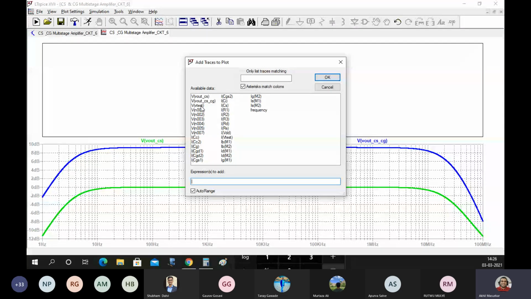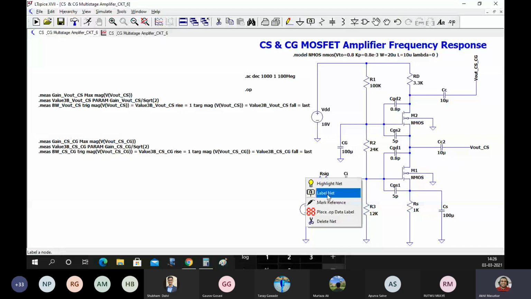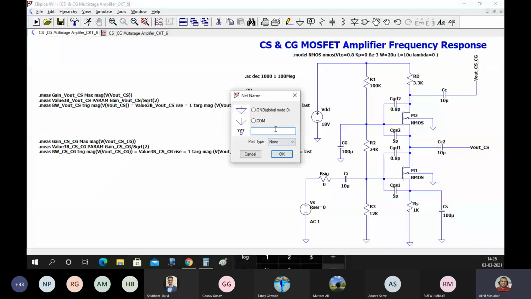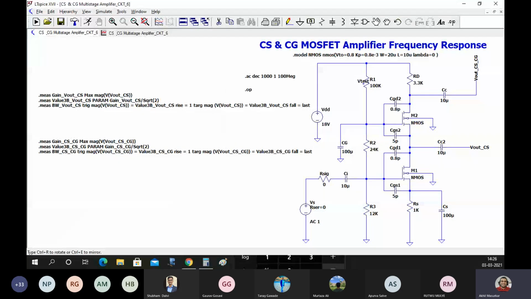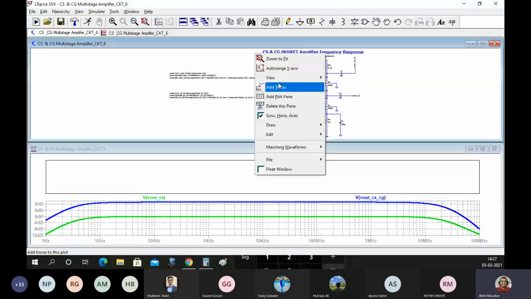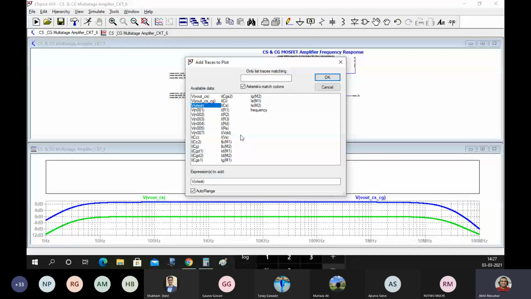I'll give it some name here. This is V test upon the current flowing through.